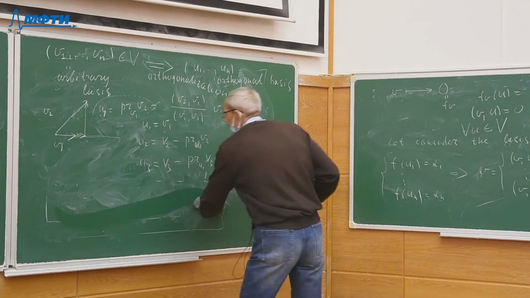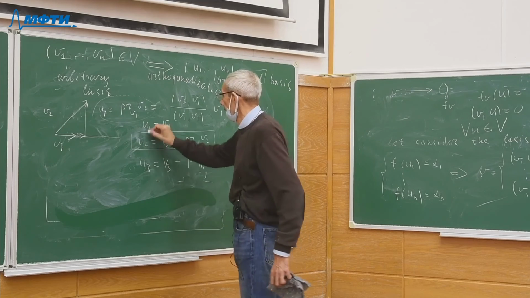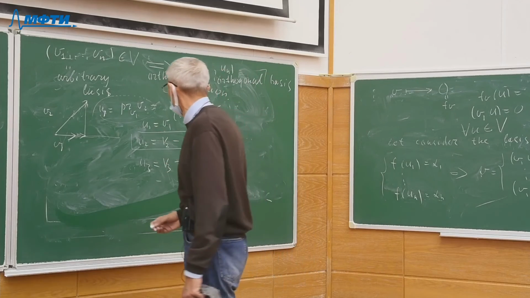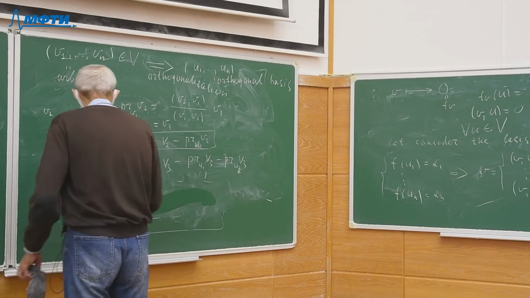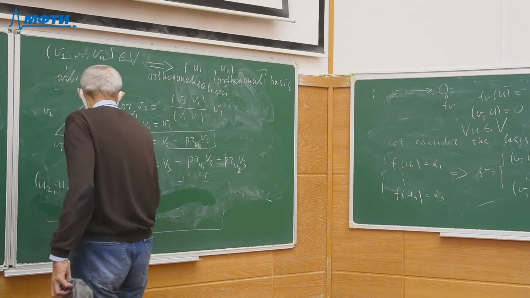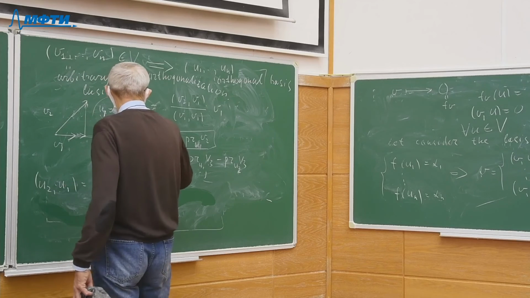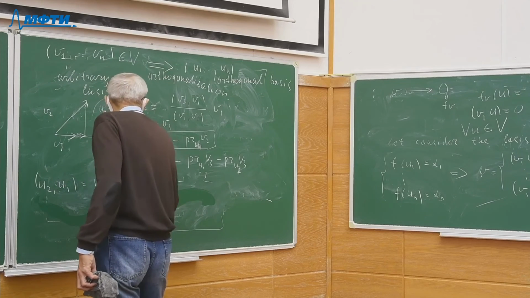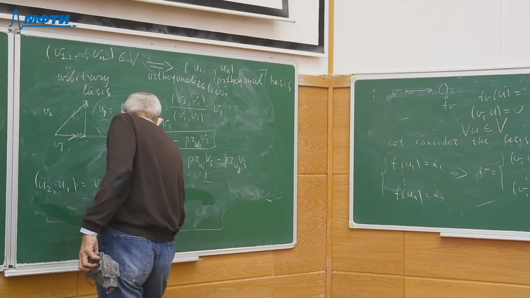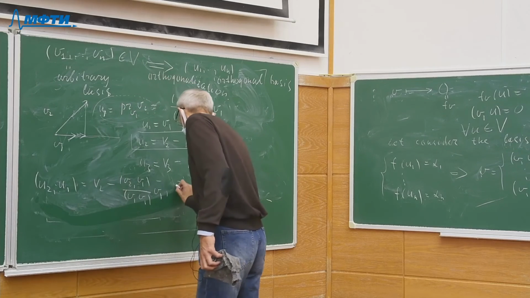We can check that the vector defined by this formula is actually orthogonal to the vector u1. Easy to see that this scalar product, by definition, is the scalar product of u2 and v1 equals the scalar product of v2 and v1 minus (v2, v1)/(v1, v1) times (v1, v1).